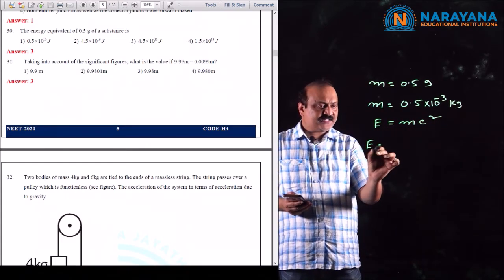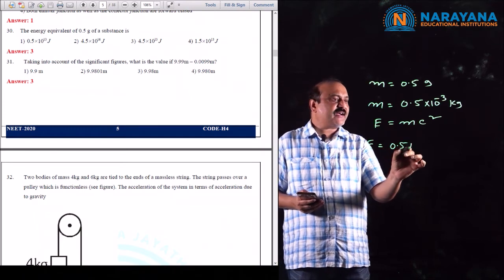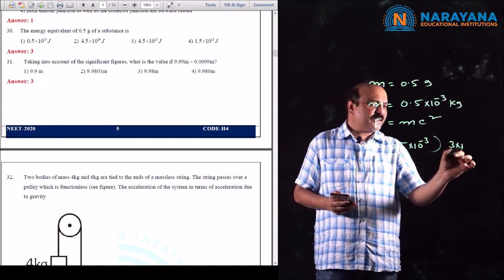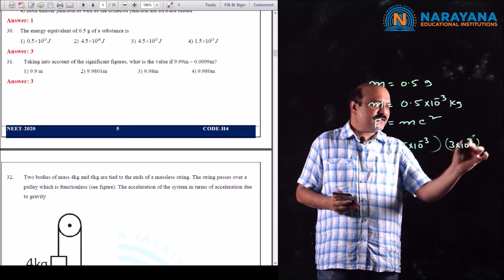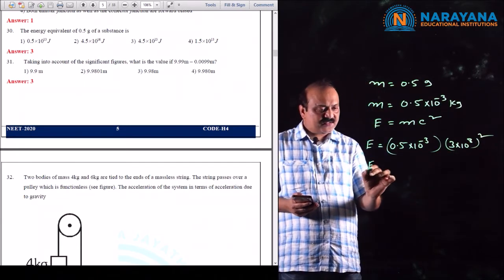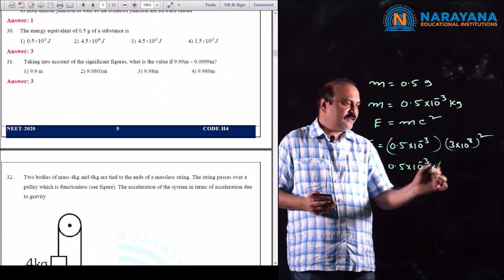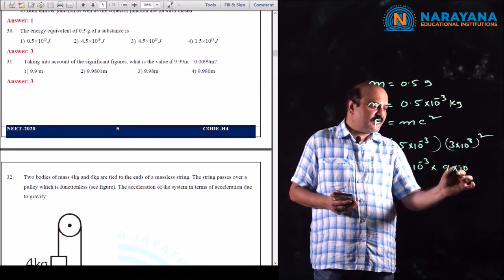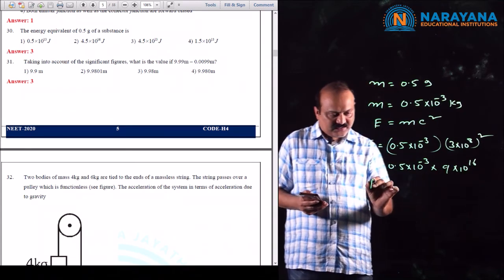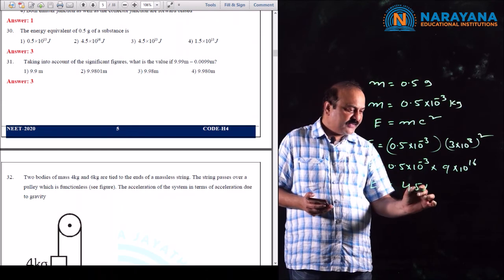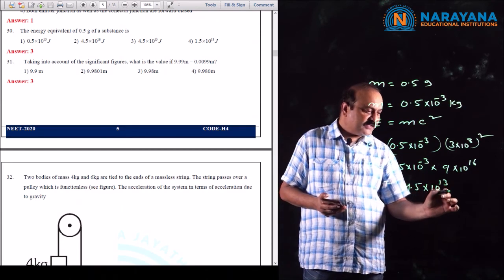Therefore, energy E is equal to 0.5 into 10 to the power of minus 3 into 3 into 10 to the power of 8 whole square. Then E is equal to 0.5 into 10 to the power of minus 3 into 9 into 10 to the power of 16. Therefore, energy E is equal to 4.5 into 10 to the power of 13 joules.